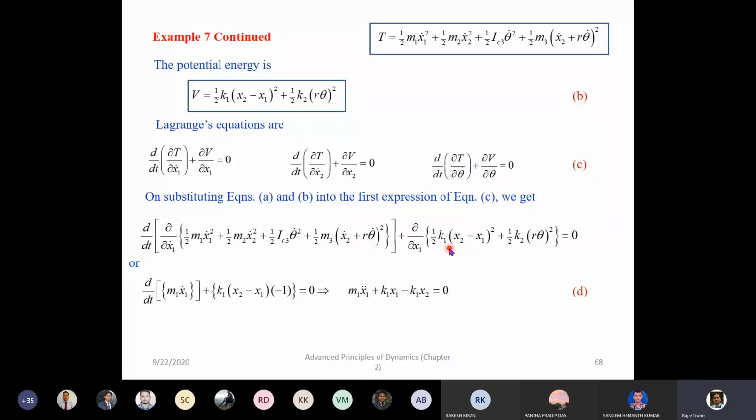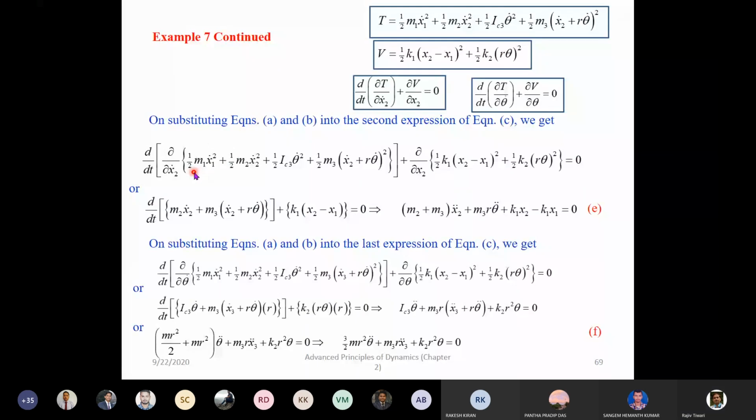And then this is for the potential energy. This is another form in which we directly use kinetic energy and potential energy instead of the Lagrangian. We can substitute directly, and if we differentiate, we will get the equation of motion like this from the first equation.